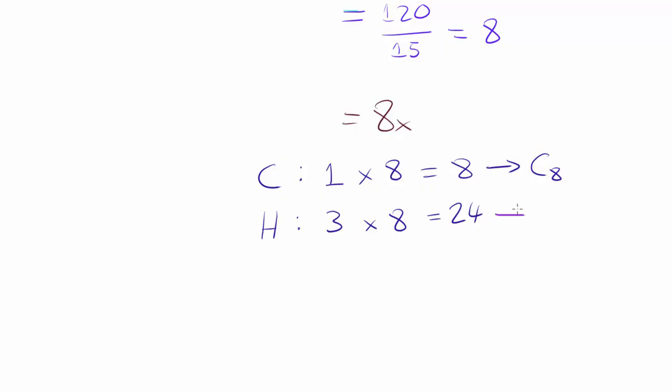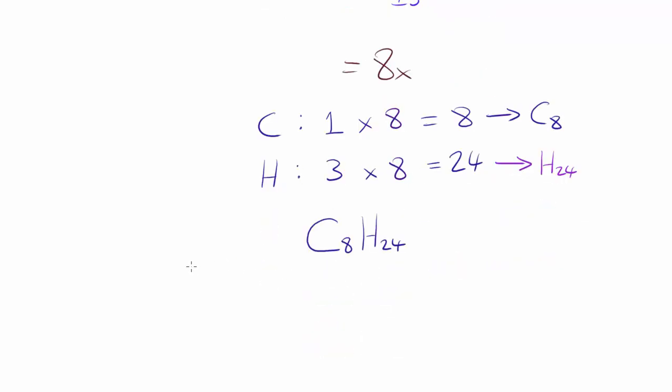What that tells us is that in the actual formula we're going to get H24. If we consolidate those values and put that together, we get a molecular formula of C8H24.